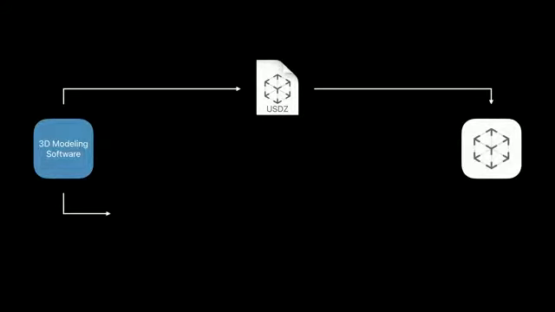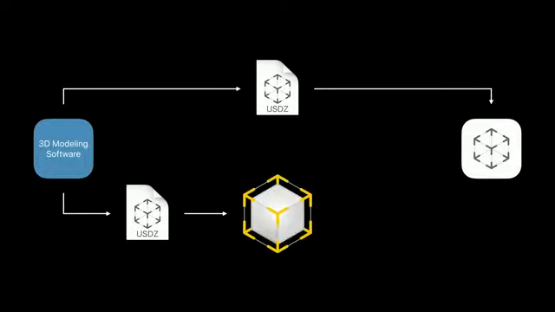You can take that same USDZ file and import it into Reality Composer, where you can add new behaviors and interactivity that all gets packaged up in our new reality file format. AR Quick Look supports viewing these new reality files and is a great place to play with these experiences. For many users, AR Quick Look is the destination to explore and interact with 3D content as people share these models from one device to another across many applications.